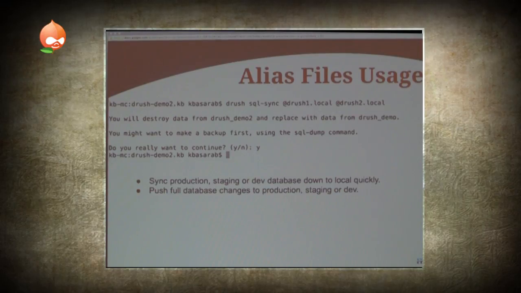Most people are probably using Backup and Migrate, and everybody that does uses the option to exclude the cache table data. It just reduces your file size and your transfer, and there are a ton of other options you can apply here. You can apply compression. Just about anything you can think of that you would normally do with MySQL raw, you can do within Drush and add it as an option in your alias file.